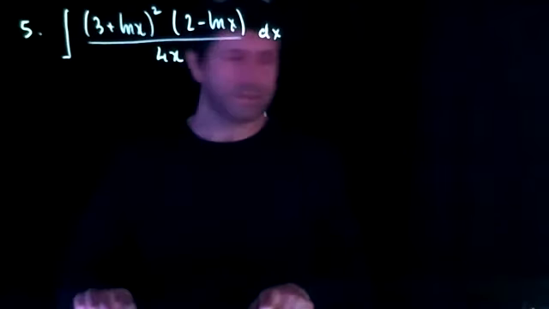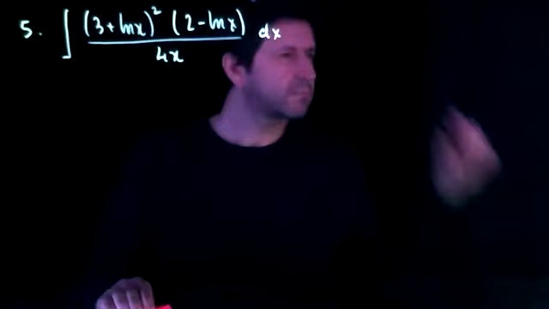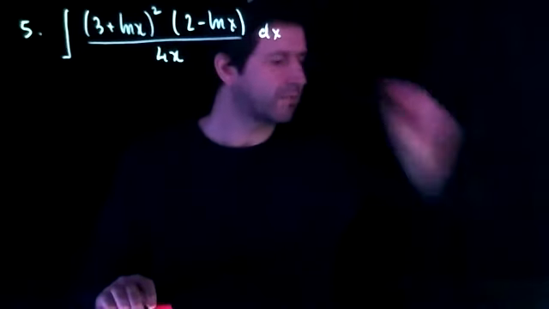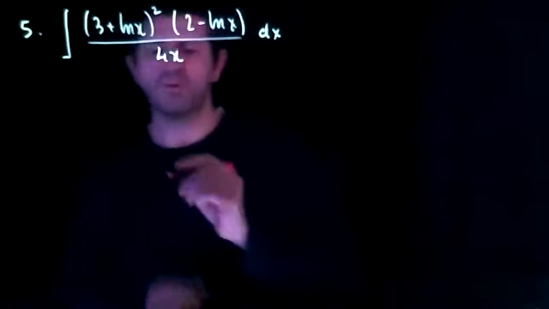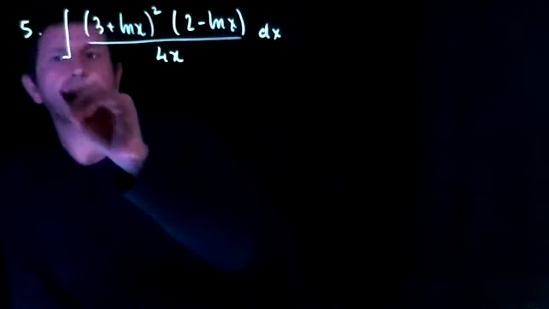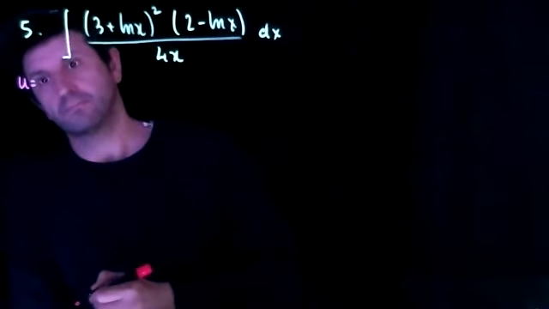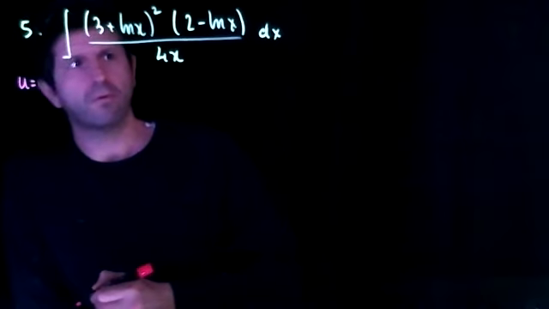Okay, so who has this one? It was me, Nicholas. Okay, so what are we going to choose as u? What do you suggest? Uh, 3 plus ln x or 4x.